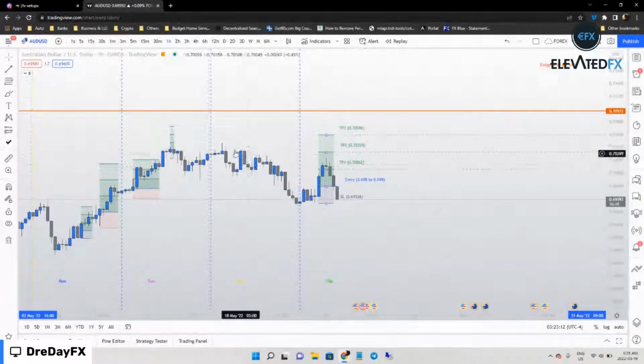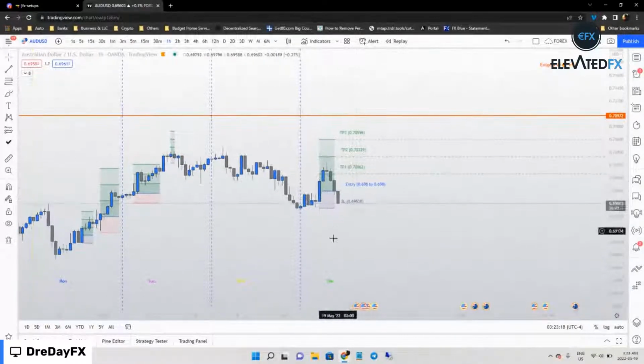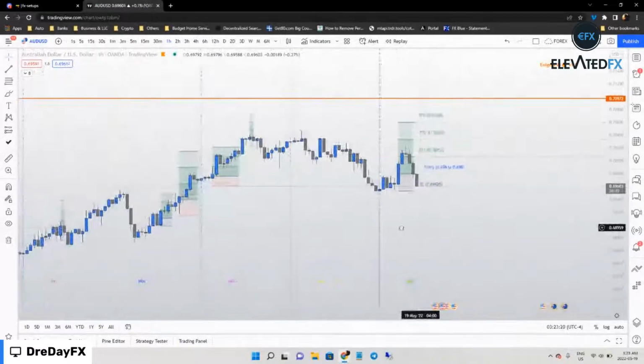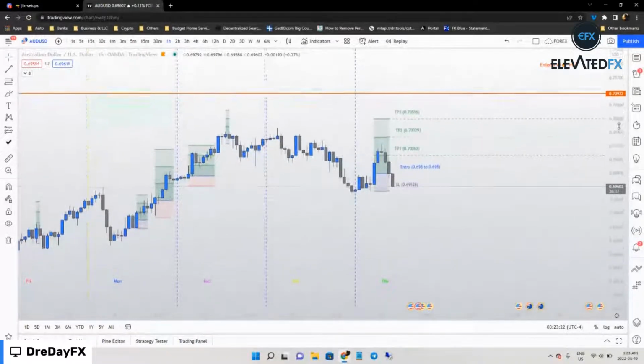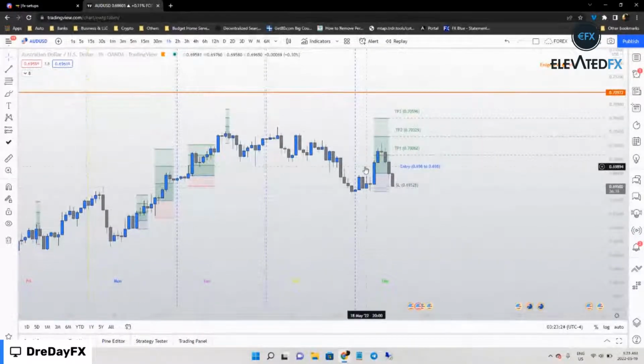Based on the market structure, I thought it was going up, but there was still an exhaustion going down here based on my fundamentals with my COT. So that's why I was hesitant of taking it.